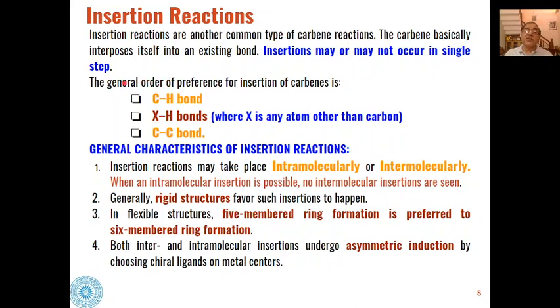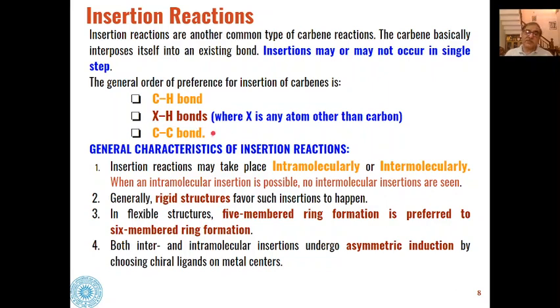And the general order of preference for insertion of carbene is to the carbon-hydrogen bond, and then the second preference is the X-H bond, where X may be any atom other than carbon, maybe halogen or oxygen or sulfur. So all other types of bonds are also preferred for insertion reaction.